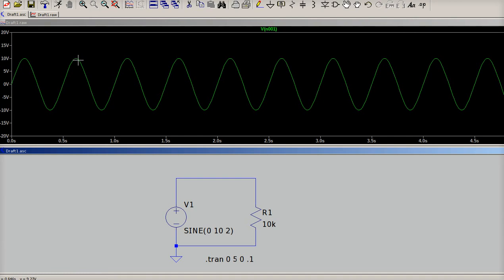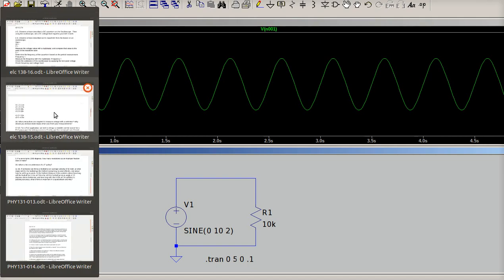And what you see is I'm going from positive 10 down to negative 10, so I'm going a distance of 20 volts. So your peak-to-peak voltage, even though it swings from a positive 10 to a minus 10, would be listed as 20 volts. Okay, 20 volts.